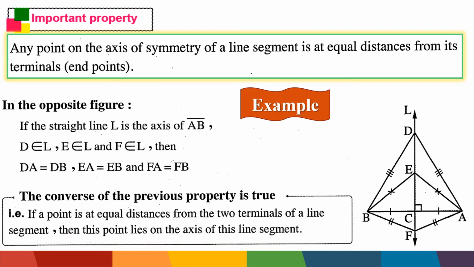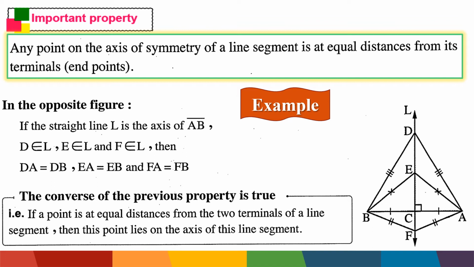For this example, if the straight line L here is the axis of the line segment AB, and D, E, and F belong to L, then DA equals DB, EA equals EB, and also FA equals FB.